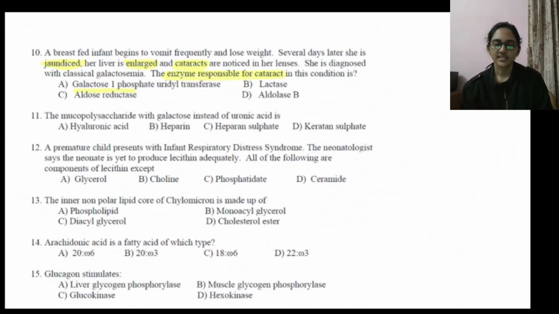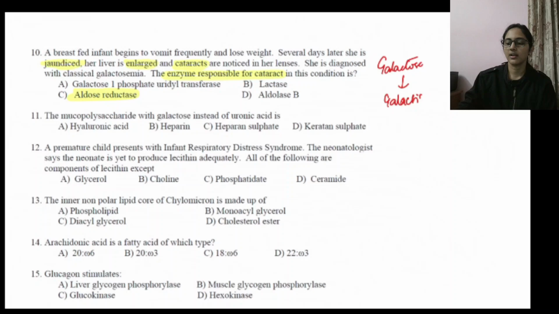Yes. What is it? It is aldose reductase. So all your galactose that is accumulated will get converted to galactitol in the lens, and that is by the enzyme aldose reductase. Okay, so the enzyme responsible for cataract is going to be aldose reductase.